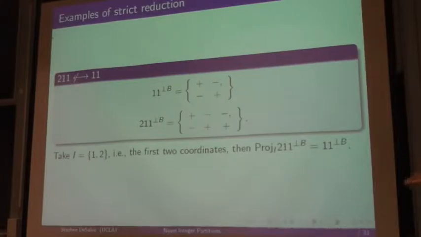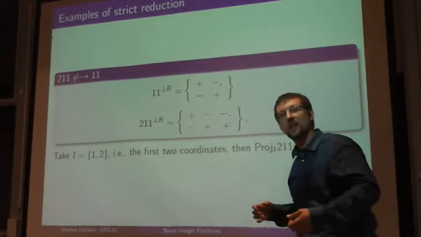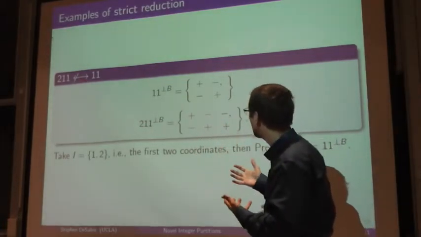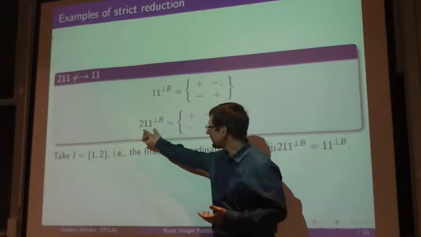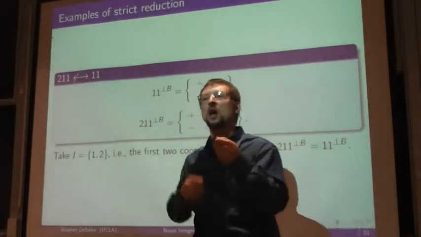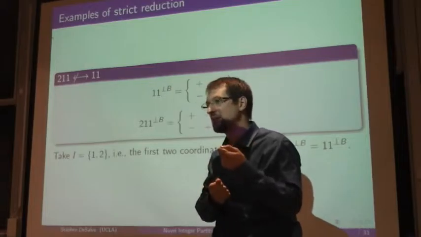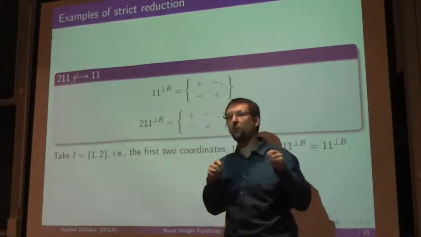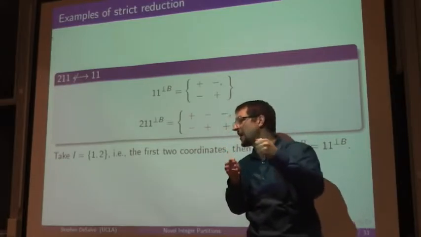But more importantly now is this notion of strict reduction. It's not just about this being equivalent to this or this being a subset, but now we get to say, well, wait a minute. This 2, 1, 1 is saying wherever the 2 goes, the 1 has to counteract it. But that's the same essential idea behind the 1, 1. Wherever the 1 goes, the second one has to counteract it.